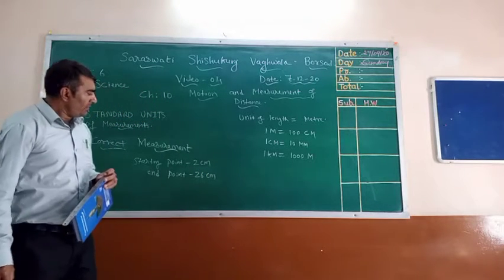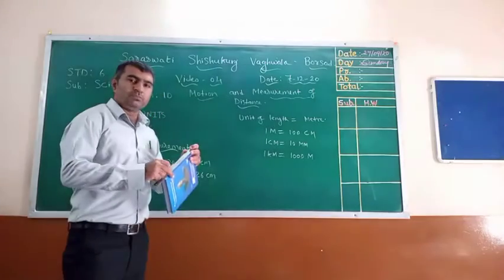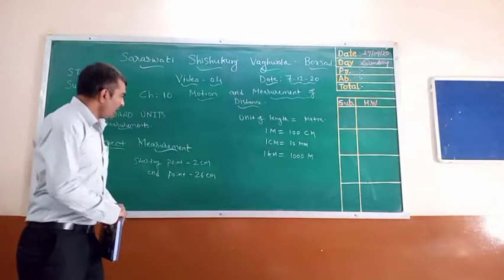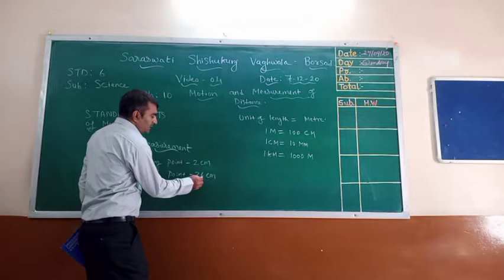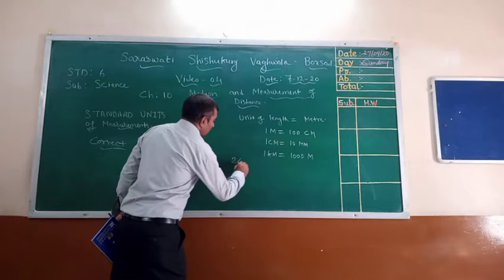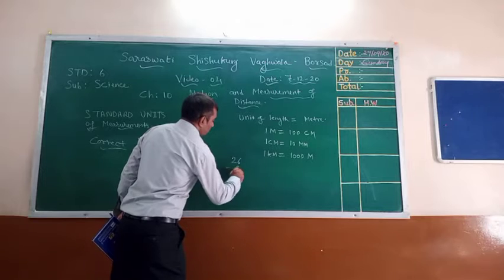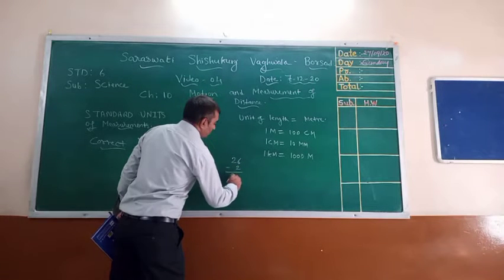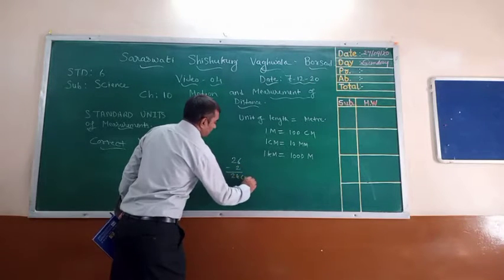So how will we decide the length of this book? We have to subtract 2 centimeter from 26 centimeter. That means 26 minus 2 is equal to 24 centimeter.